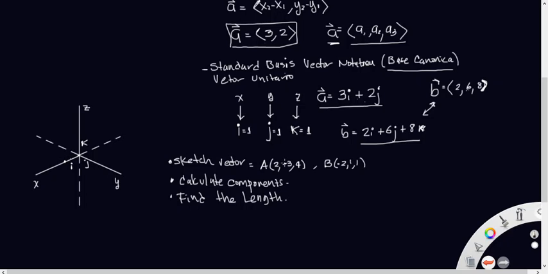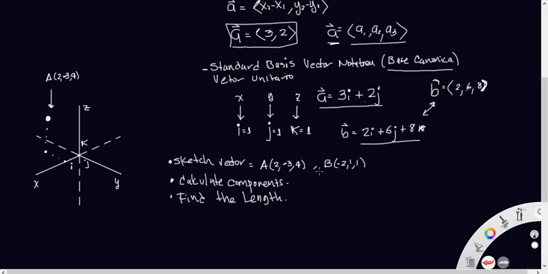Then in the negative y we move 3, so this is 1, 2, 3, let's say here, and move up 4 units in the z-axis. This is 1, 2, 3, 4. Okay, and let's name this point A with coordinates 2, minus 3, 4. Okay, so we have the first point.